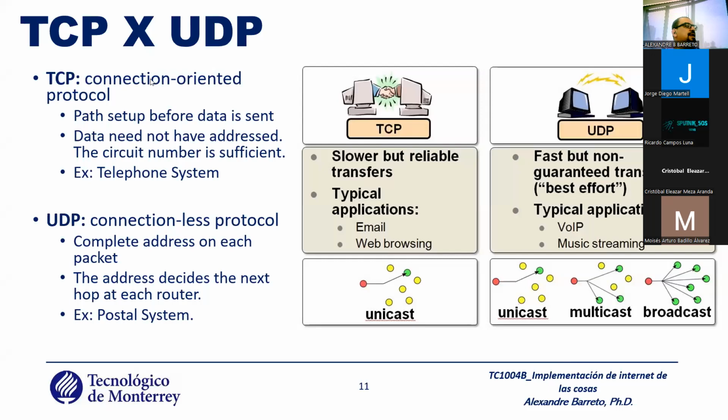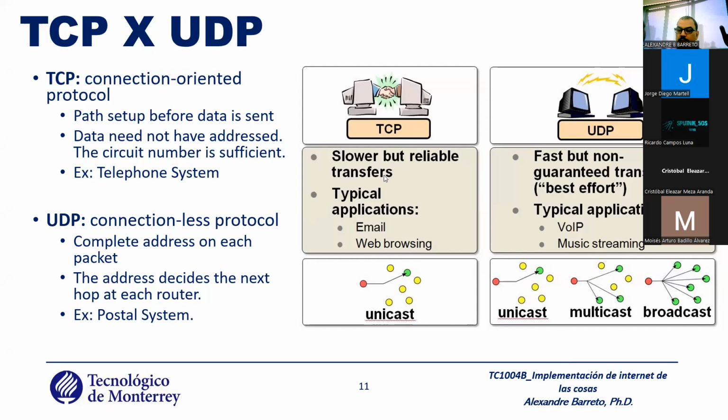Again, TCP is a connection-oriented protocol, okay? The path is set up before the data is sent. In TCP, you have one thing called the handshake. What is the handshake? The three-way handshake. Before you can send any data, you have a communication between the two parts, the receiver and the transmitter. The sender says, I want to talk with you.